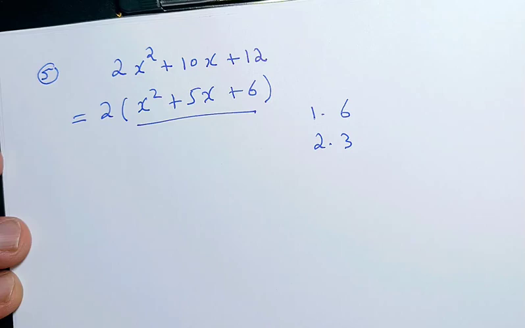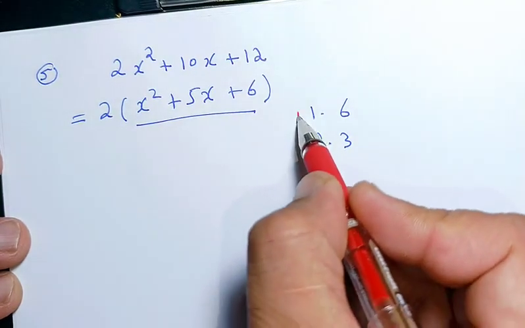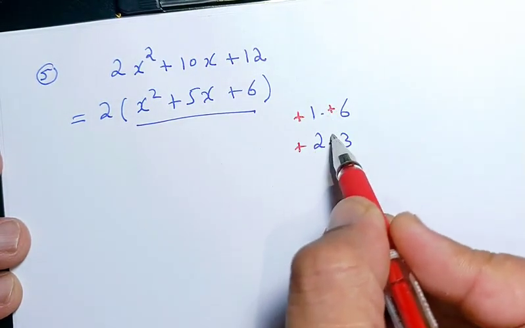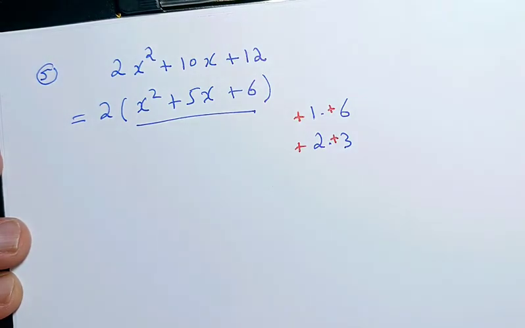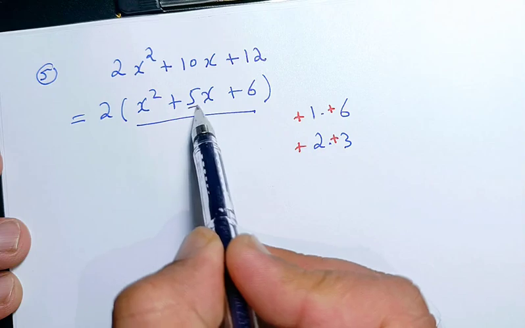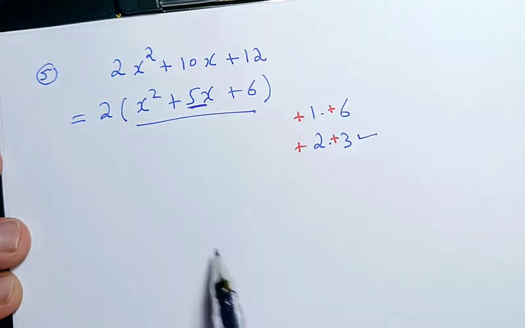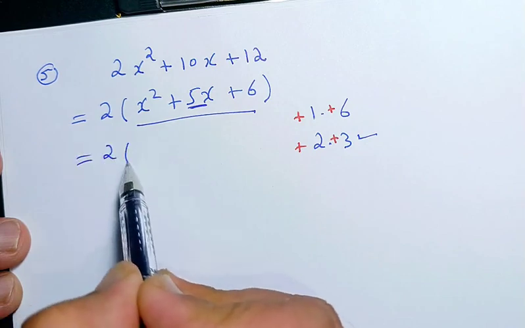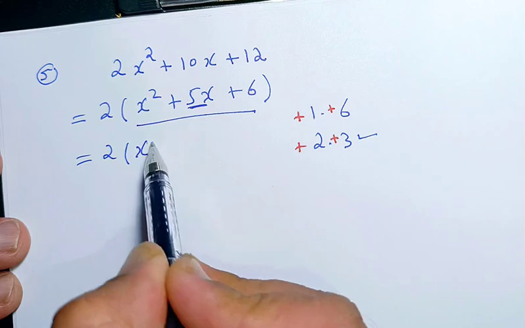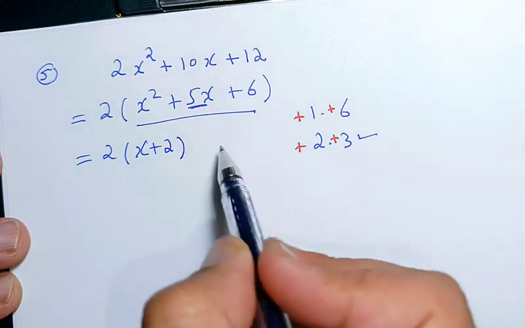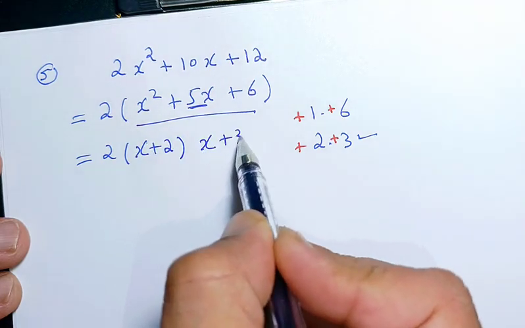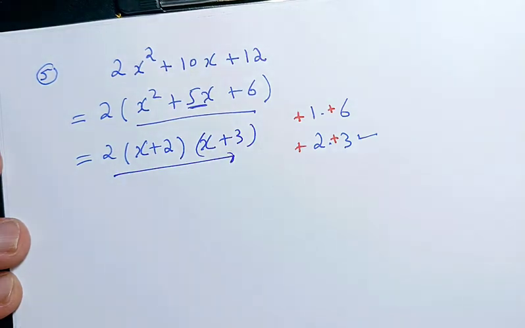So both must be positive. Now I need to add. The answer must be equal to positive 5. So this will do the job. So 2 times x plus 2 and x plus 3. This is my final answer.